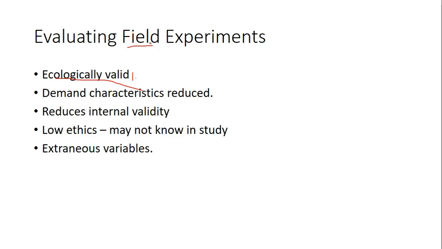So that's what I mean by reduces internal validity. It can happen in field experiments because you're doing it outside of the lab, you can't eliminate these extraneous variables. Low ethics, so you might not know you're in a study sometimes, and the extraneous variables I've already mentioned.